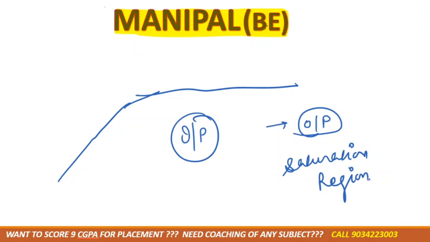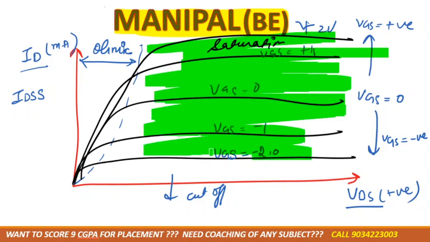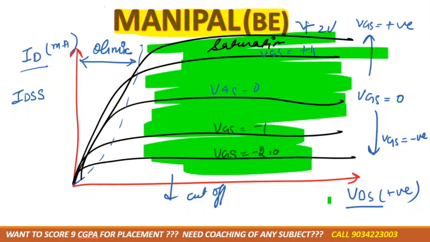But you will say, ma'am, now our saturation region has been reached, now we can't study more, right? Back to this. So this region, look, is the saturation region. Input is coming, voltage is given, input we are giving, but the output is constant. This one is the ohmic region. Why are they saying ohmic?